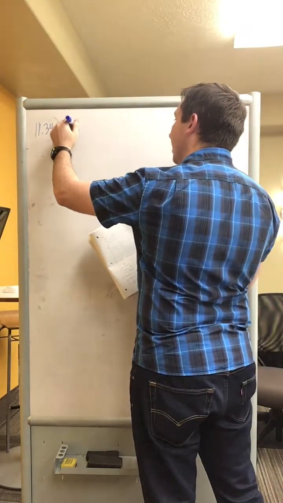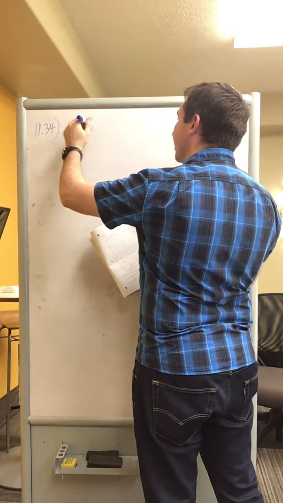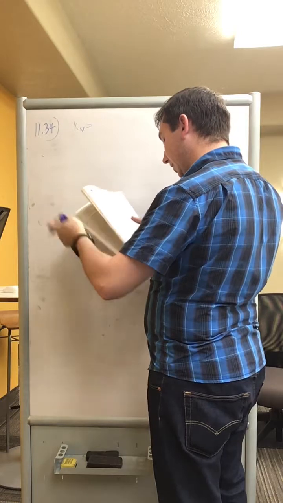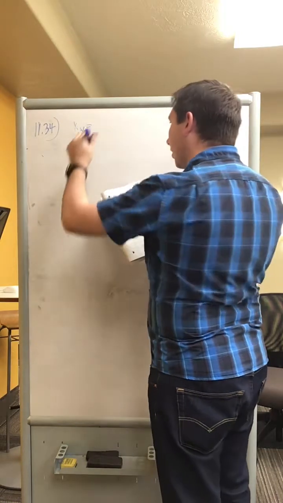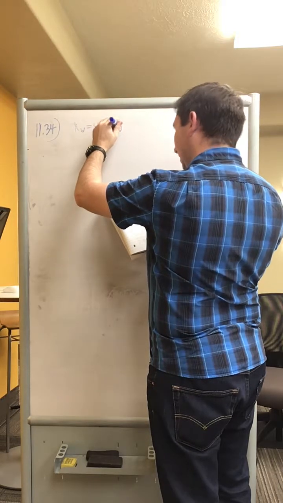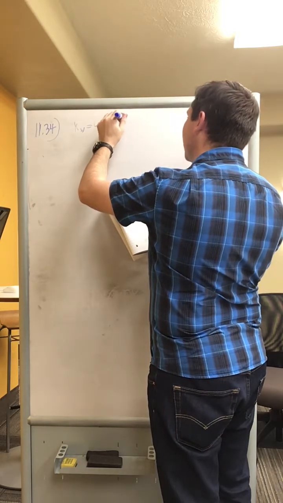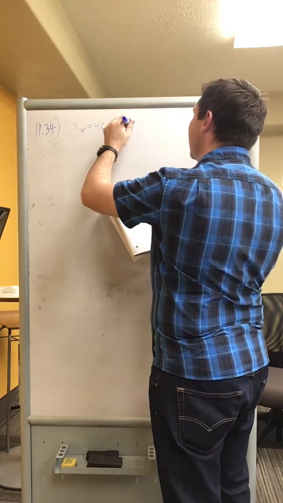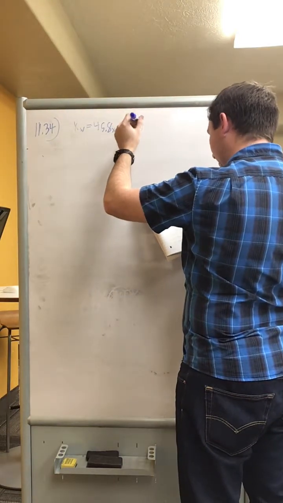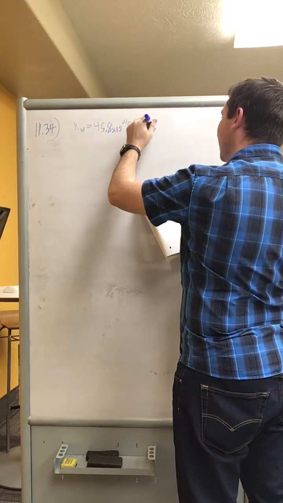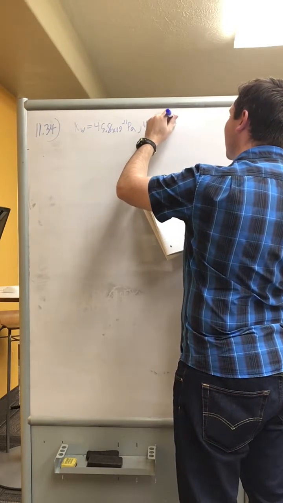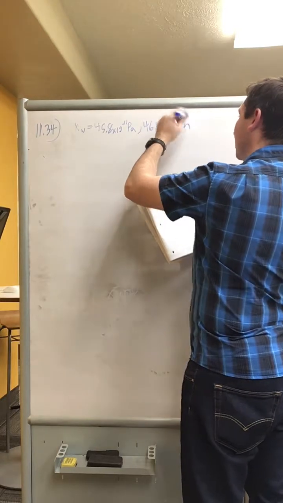So K for water, for our intents and purposes, according to the book, is 45.8 times 10 to the negative 11 pascals, or it can also be 46.4 times 10 to the negative 6 atmospheres.